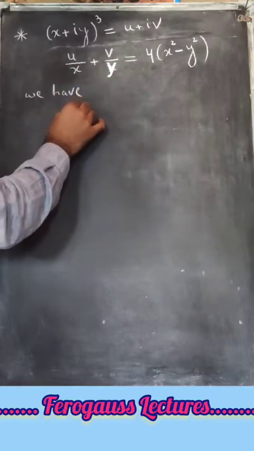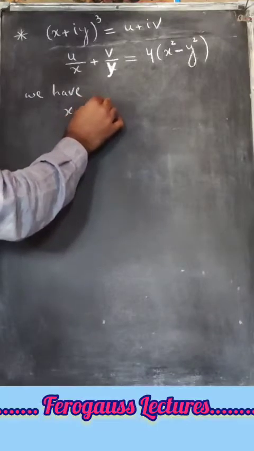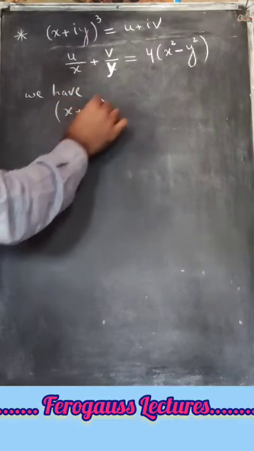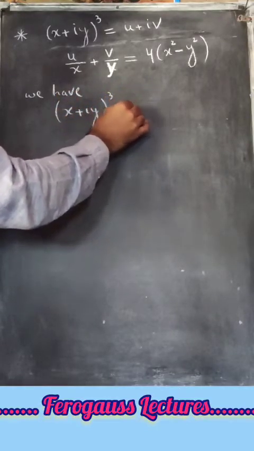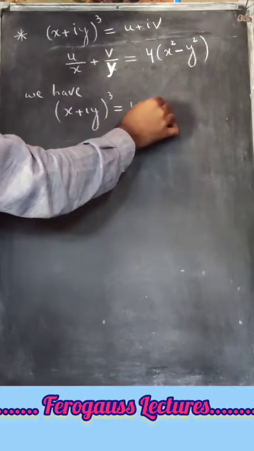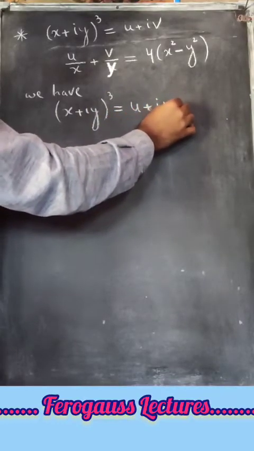Okay, now we will take this, that is (x plus iota y) whole cube is equal to u plus iota v.